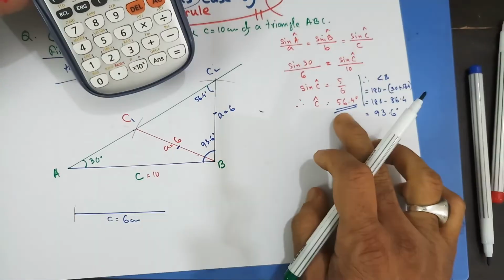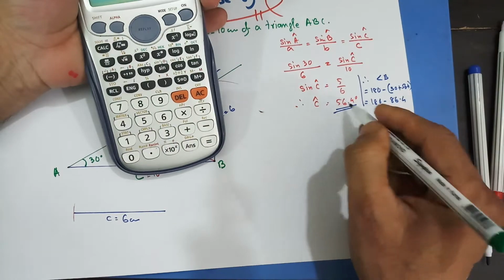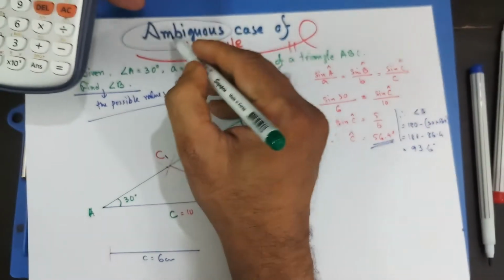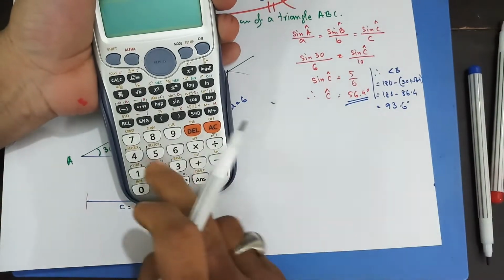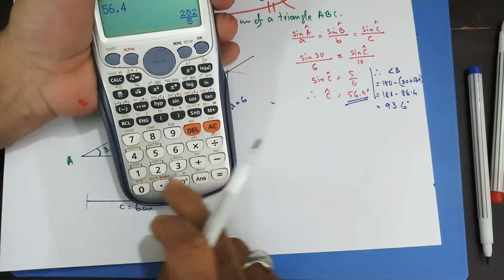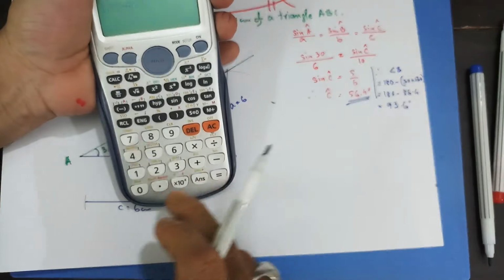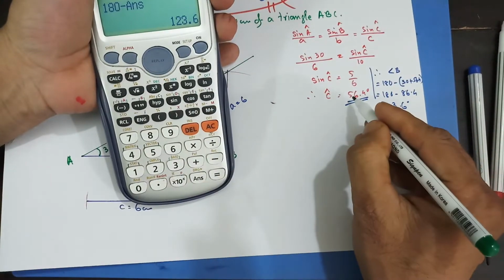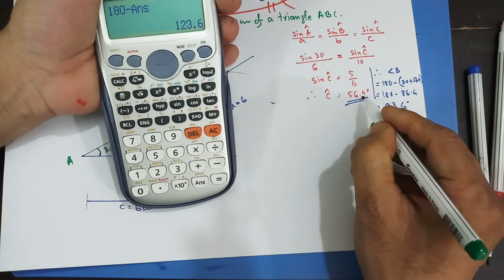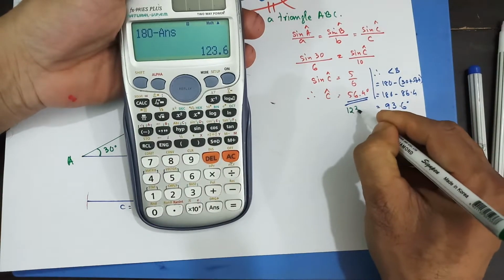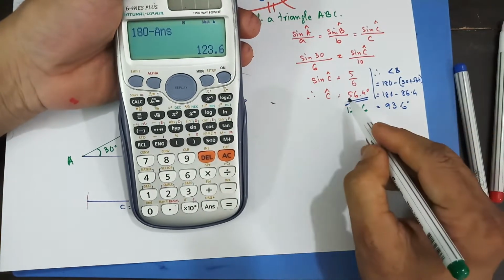When I have this, then the ambiguous case occurs, I'll explain in a second when it's going to occur. When I have this 56.4, I'm going to subtract that from 180 degrees. So there are two options. One might be 56.4, another is 123.6.